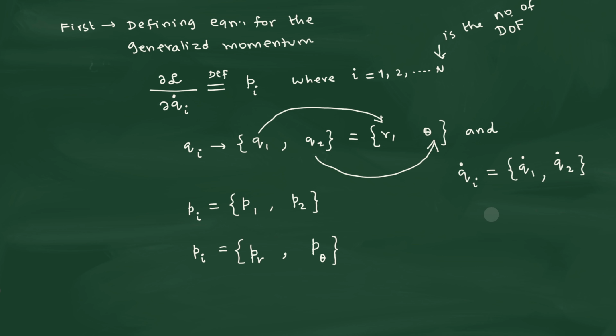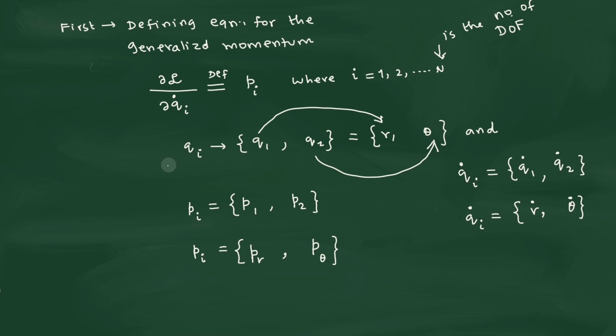These are r comma theta, and therefore this must be r dot comma theta dot. So this will be your qi dot. Now all the details are clear about what variables you will have to use.